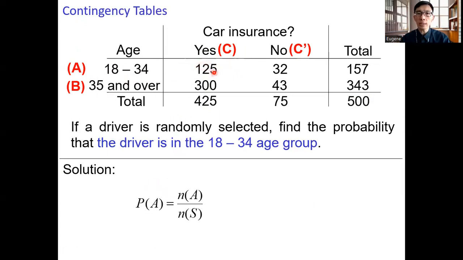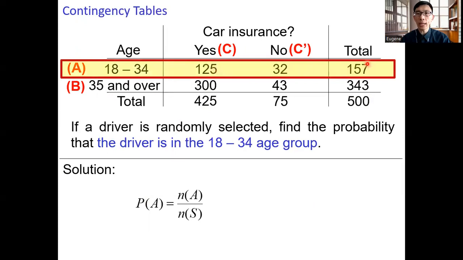The number of drivers in this age range is 157, and then the sample size is 500. So we have the probability of A equals 157 divided by 500. We get the probability that the driver is in the 18 to 34 age group is 0.314.